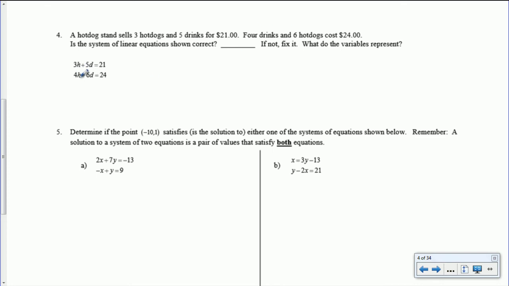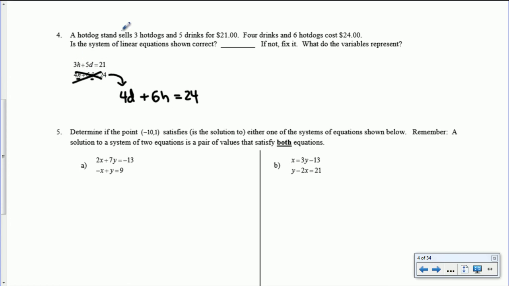So it looks like we've sort of mixed up our things here. So 24 is still correct, but this should change so that it's consistent. We've got 4 drinks plus 6 hot dogs is 24. So that is no good.